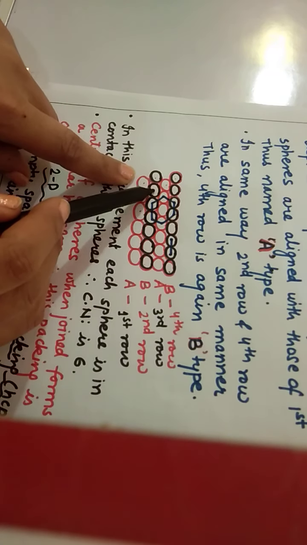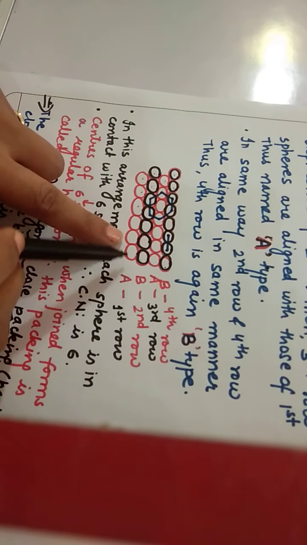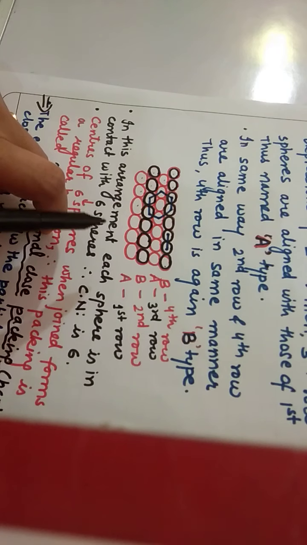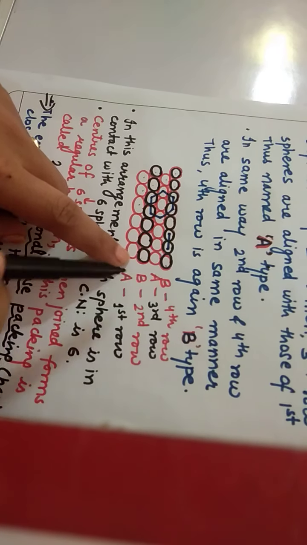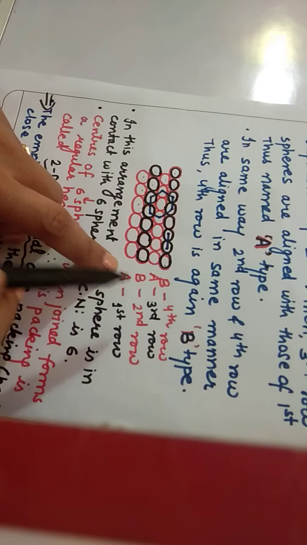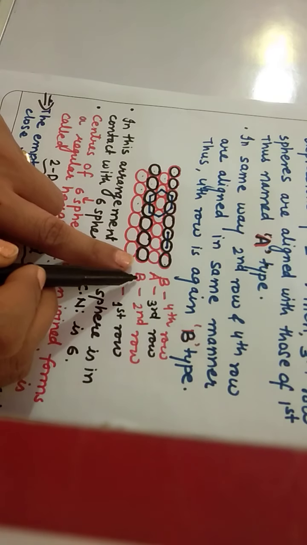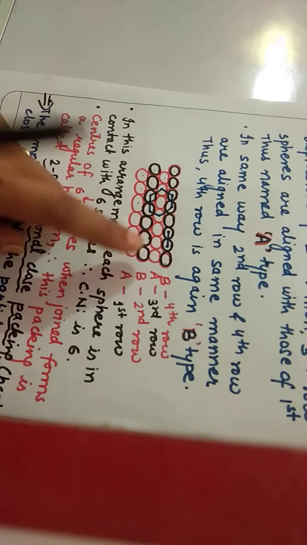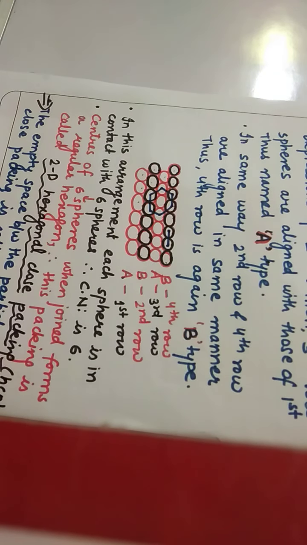So first and third rows are the same, second and fourth rows are the same, but the first row and second row are different. So if this row is of A type, then the second row will be of B type. As the first and third rows are the same, they both are of A type. As the second and fourth rows are the same, they both are B type. So the arrangement is AB type of arrangement.